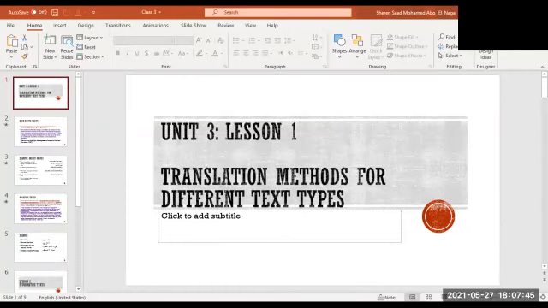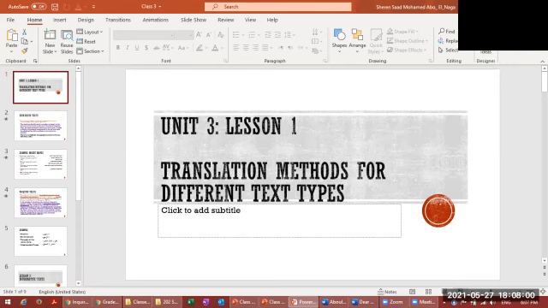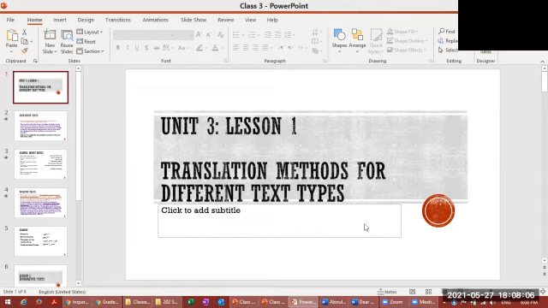So in the last lesson, we ended with talking about the typology as designated by Peter Newmark. And he said that there are 3 types of texts.